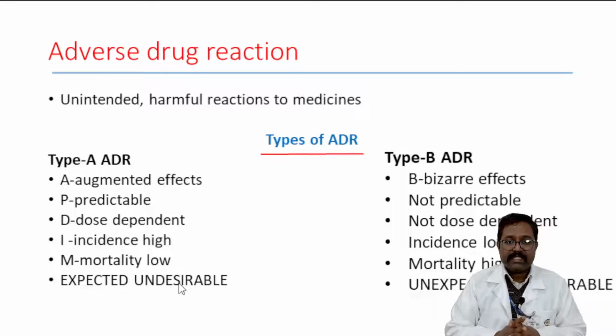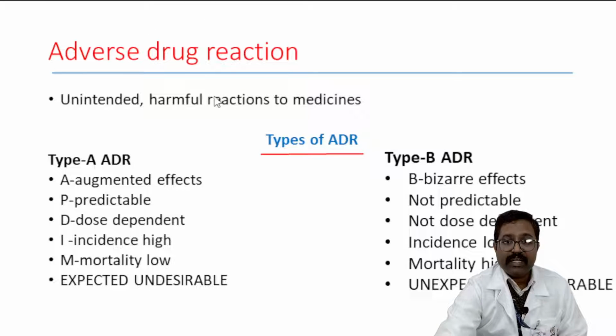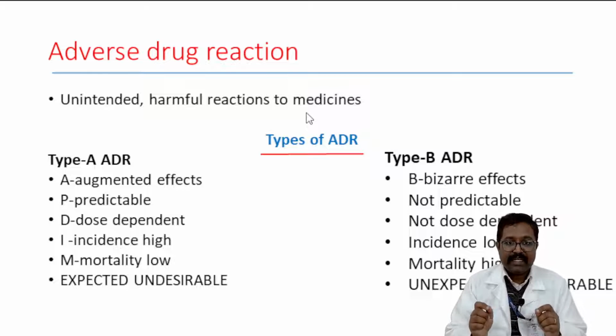So what do you understand by adverse drug reaction? In simple terms, it is an unintended harmful reaction to medicines. It is the unintended harmful reaction to the medication taken at normal or therapeutic doses, either to prevent, treat or diagnose a condition.